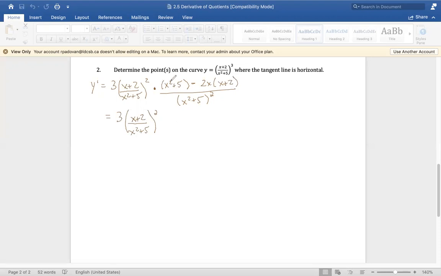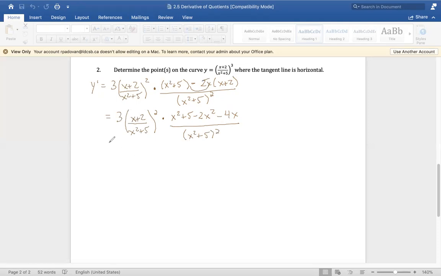Again, I had the 1 there, so I could expand, but I'm expanding the negative 2x really into the second bracket there. So that would be multiplied, right, by (x squared plus 5) minus 2x squared minus 4x. And then just leave the denominator the way it is. And then can I collect any like terms? Does that help me out at all?